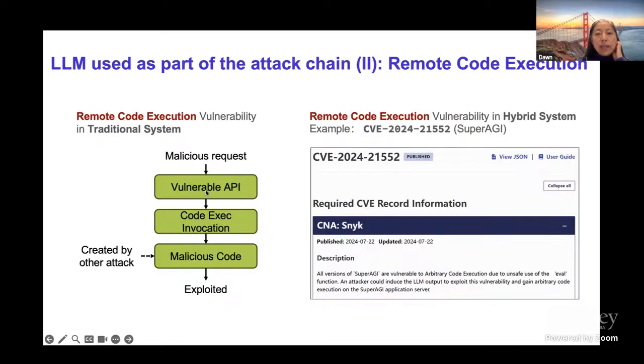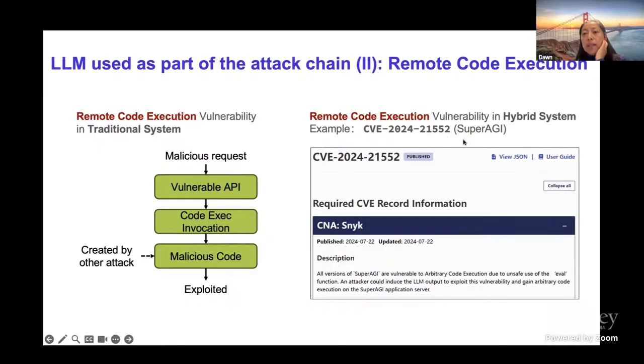The request then can lead to code execution invocation, and then the code gets executed. When there's insufficient sanitization and protection, a malicious attacker could send in a malicious request through this vulnerable API, then cause code execution invocation of malicious code, and then allow malicious code to be executed in the traditional system.